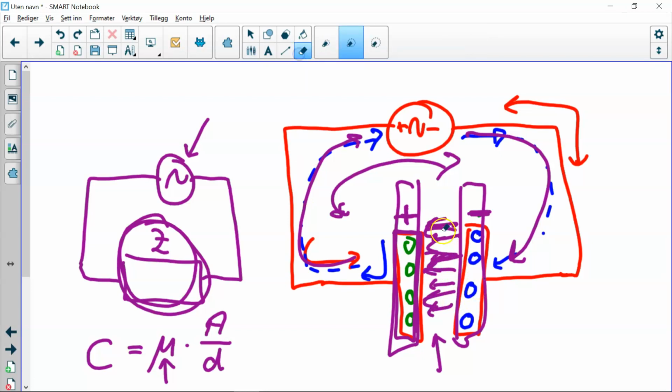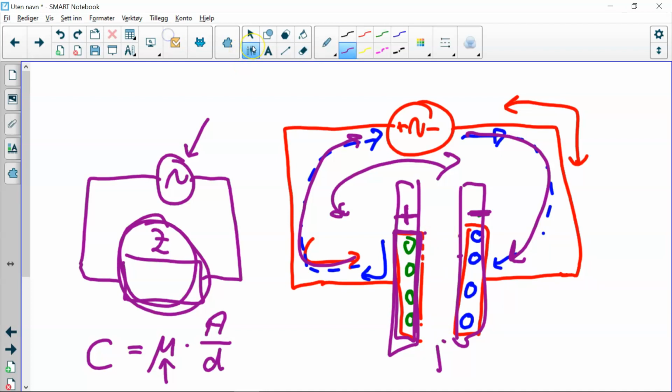However, for example, polypropylene, a kind of plastic, is a good material that will help the electrical field. So the mu represents what kind of material we have between the plates. The electric theory behind capacitors can be a bit difficult, and it's not very important to know everything about it at this stage.